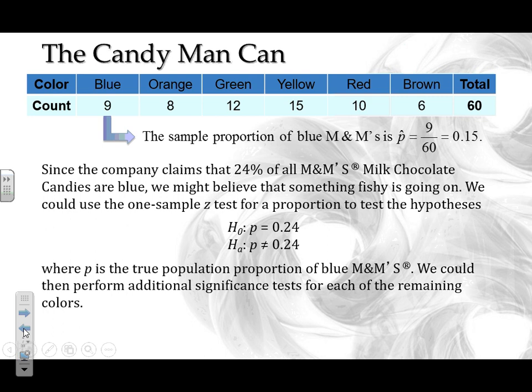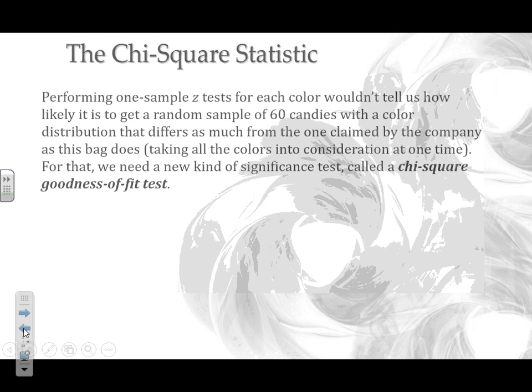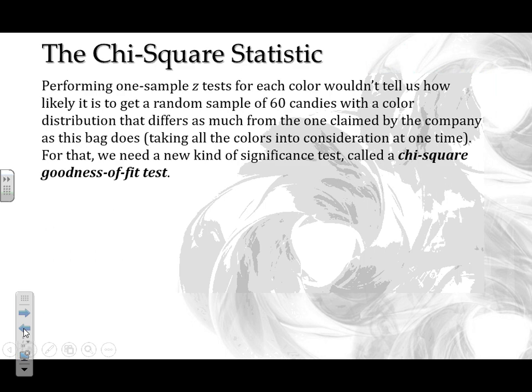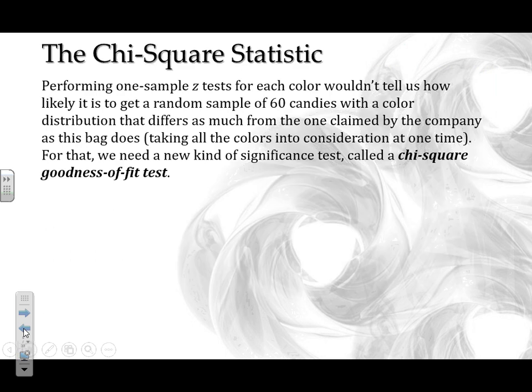By looking at each individually, first of all, we'd have a ton of work. We'd have to run a hypothesis test for every single color. The other thing is, one-sample z-tests won't tell us how likely it is to get a random sample of 60 candies with the same color distribution as what they claim.